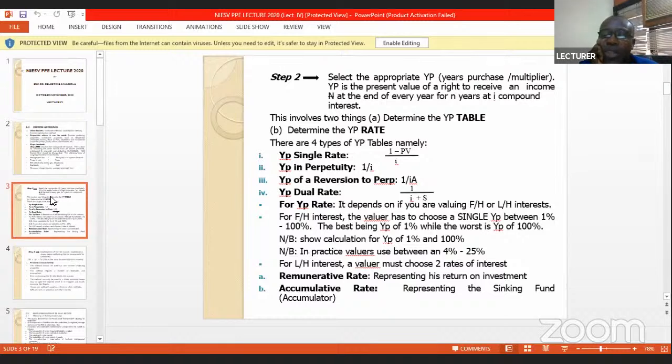If you are valuing a freehold interest, the valuer is supposed to choose a single rate YP between 1% and 100%, 1% being the best YP and 100% being the worst.